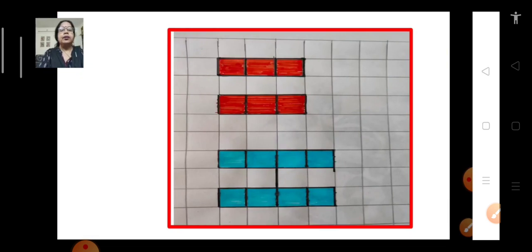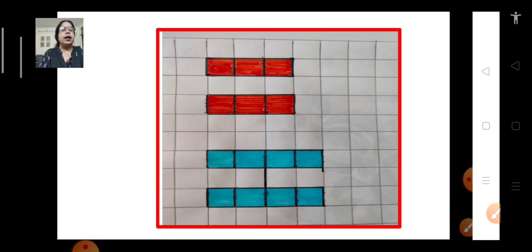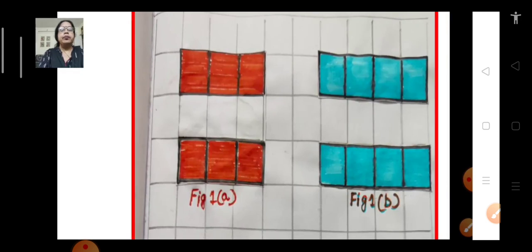So you have to cut the strips like this and stick them on the left page of the activity notebook, that is figure 1a and figure 1b.